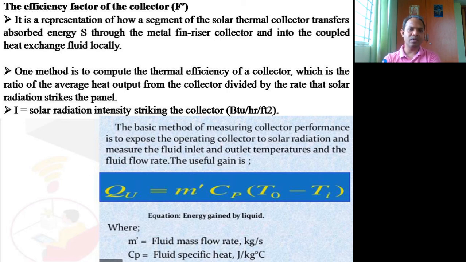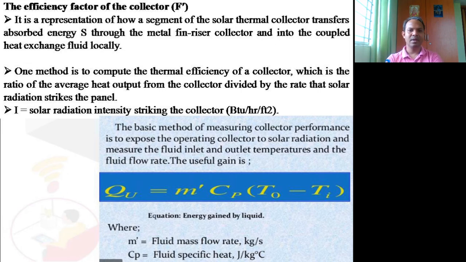One method is to compute the thermal efficiency of a collector, which is the ratio of the average heat output from the collector divided by the rate at which solar radiation strikes the panel. I is the solar radiation intensity striking the collector.